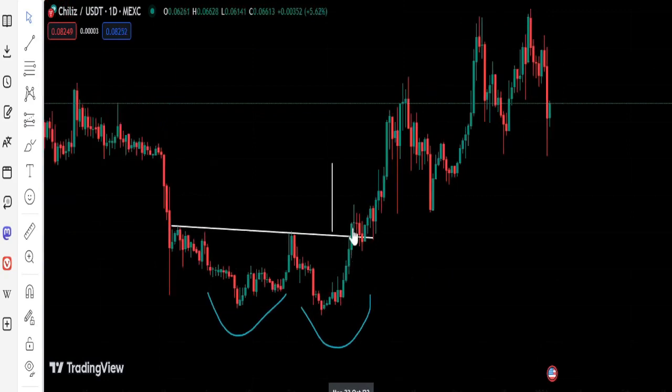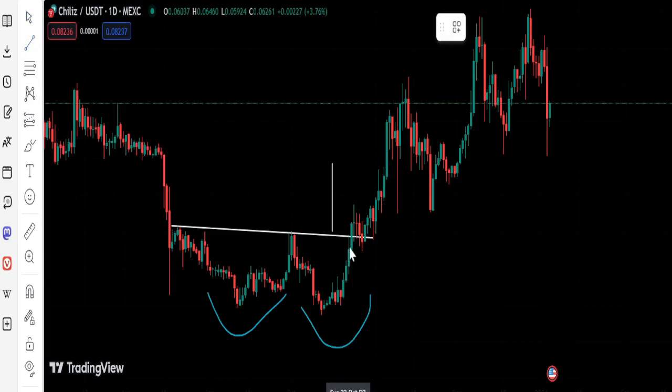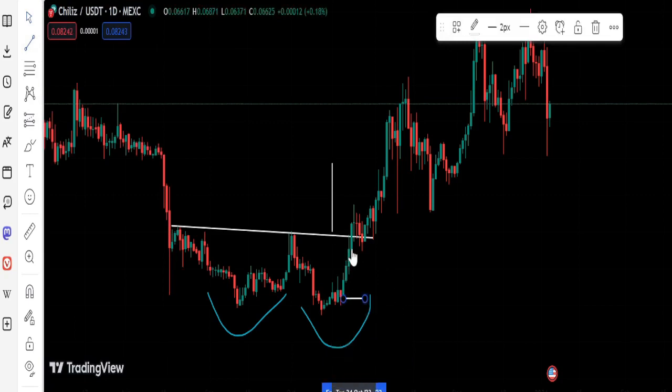If we enter the trade here, then our stop loss is the previous 3 candles, 1, 2, 3, about this point here. But we can also enter the trade on the retracement.